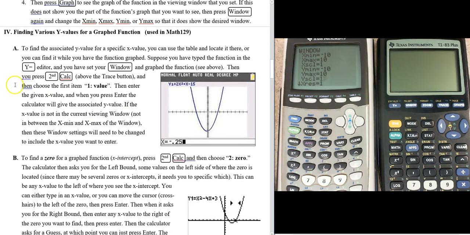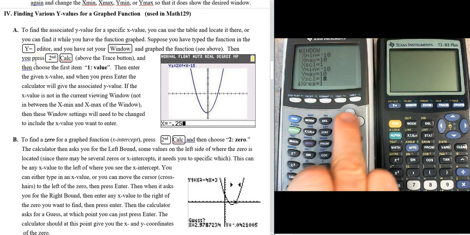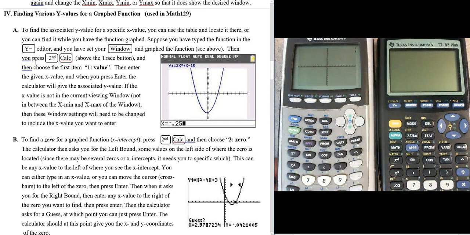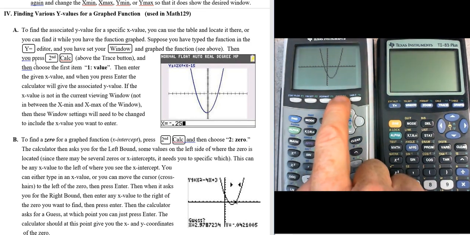Now, under the next category, finding various y values for a graphed function. Well, if you go to the graph, let's say we wanted to know a particular y value of a particular x value. So you see the word calc above trace here.